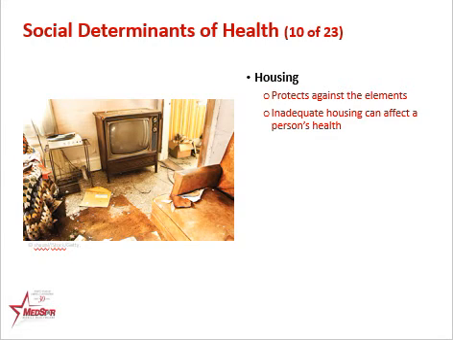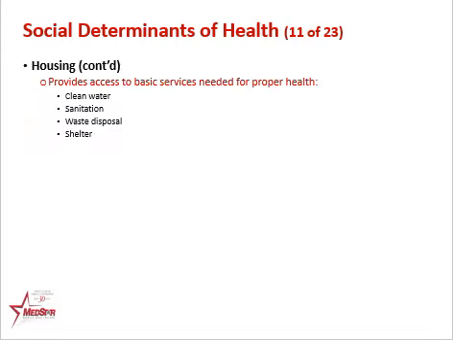When we talk about housing on a very simplistic level, it is a shelter and a form of protection against environmental elements. Adequate housing impacts more than just basic comfort. It can also have ramifications on a person's health. So what exactly could those ramifications be? Well, housing provides access to many of the basic services needed to ensure proper health. So having access to clean water.